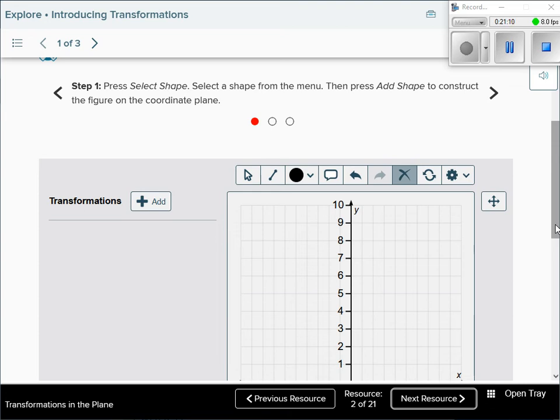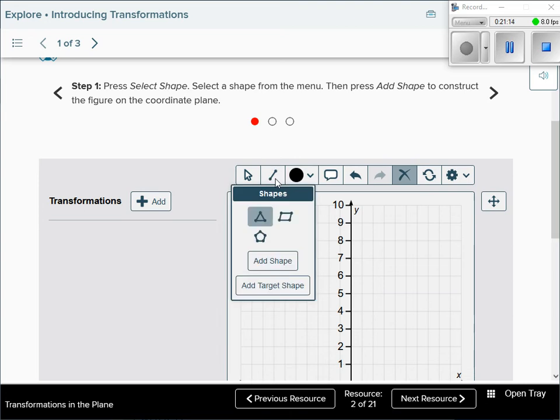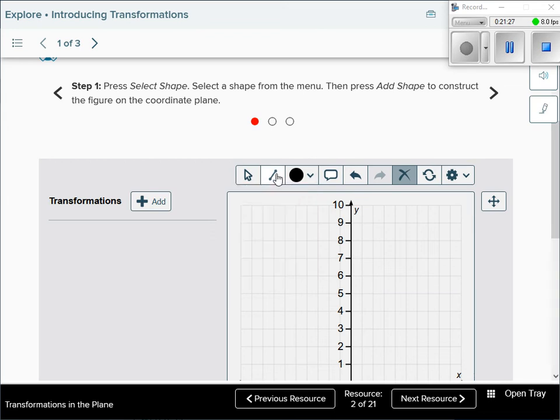If you highlight your little arrow over it, I think it says add shape and you can add the shape to it. Put a shape on there, read the directions, and just mess around with it for a minute.